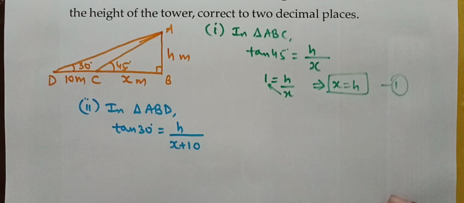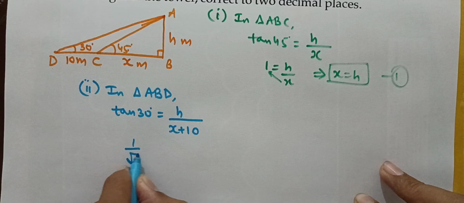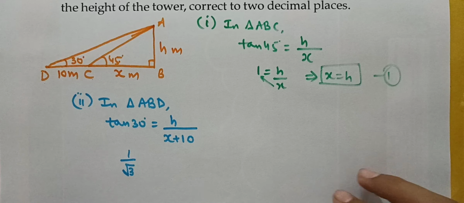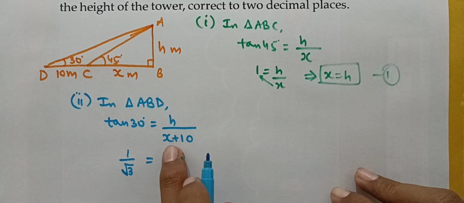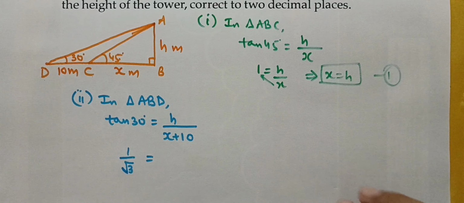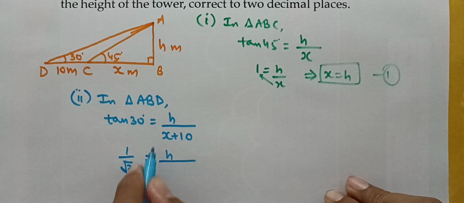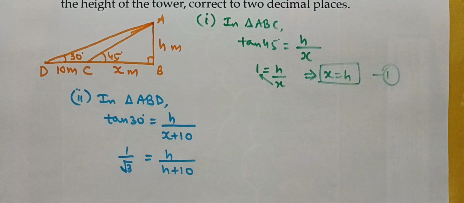Then what we have to do? Just find the value of tan 30 from the table. That value is 1 by root 3. And we can replace x by h, because x and h are both equal, as we can observe in relation 1. So write h as it is and replace x by h. Why do we have to replace? Because finally we want just the height of the tower.